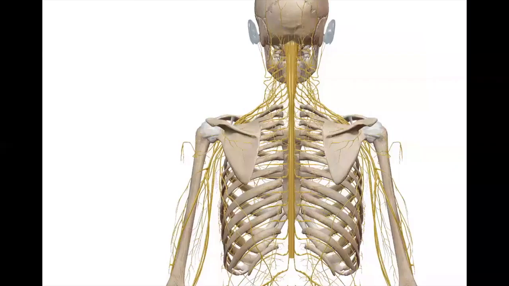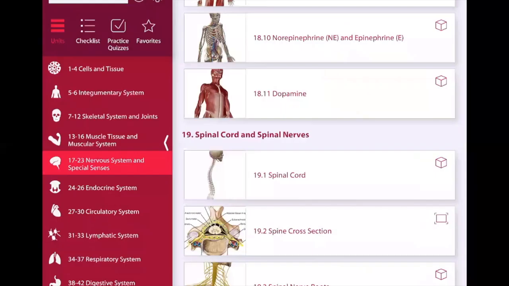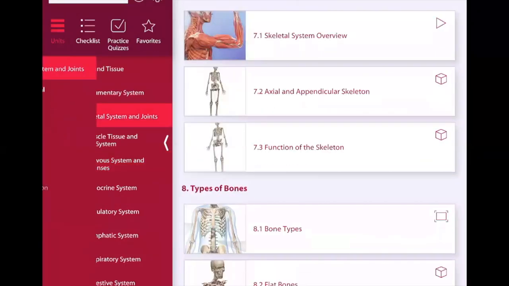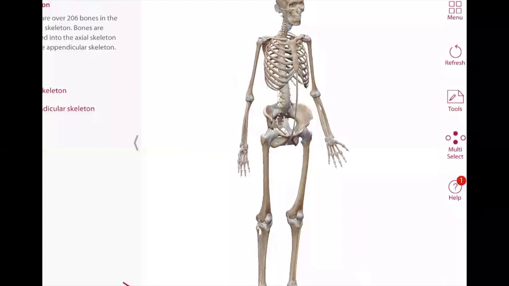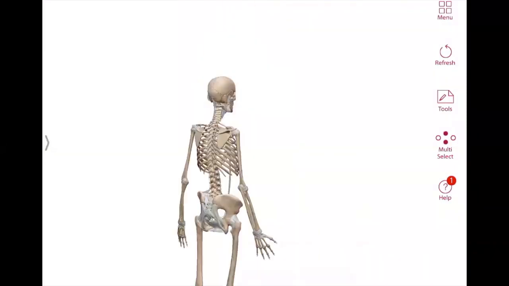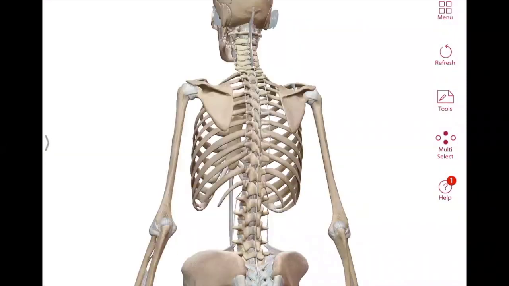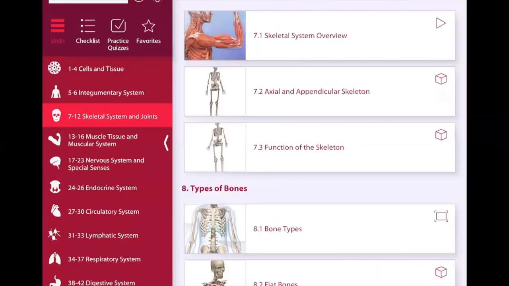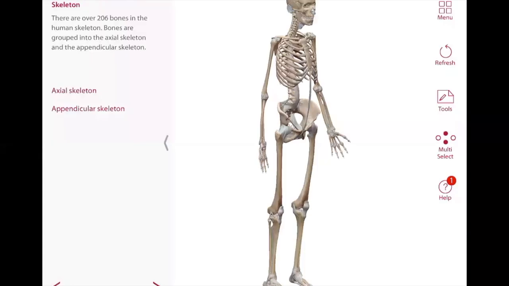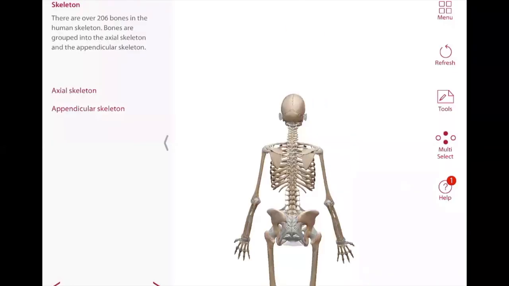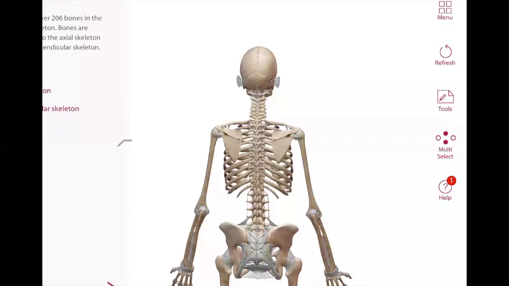The spine is a very important part of our body. When we see the spine, we have a total of 26 bones.